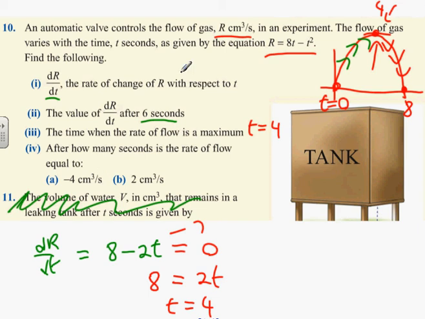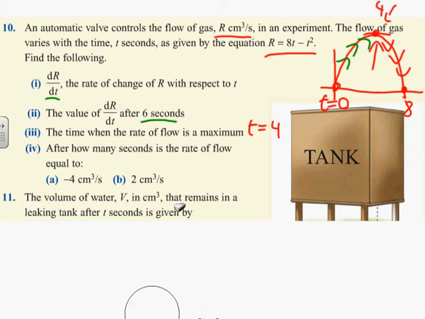So, dr dt equals 8 minus 2t, excuse me. Now guys, what does it want 8 minus 2t to be equal to? What does it want your slope to be equal to? Minus 4. Bring the 8 over to your side. Minus 2t equals minus 4 minus 8. Minus 2t equals minus 12. t equals minus 12 divided by minus 2. Yeah. 6. Okay.